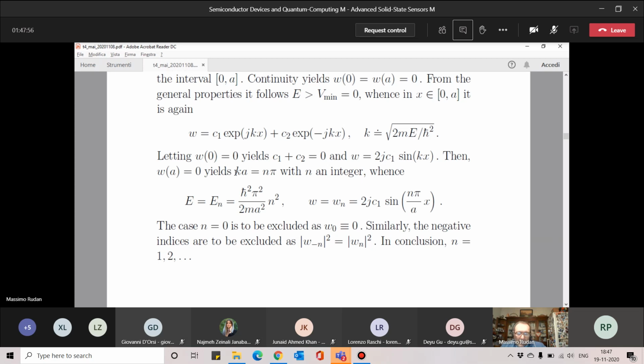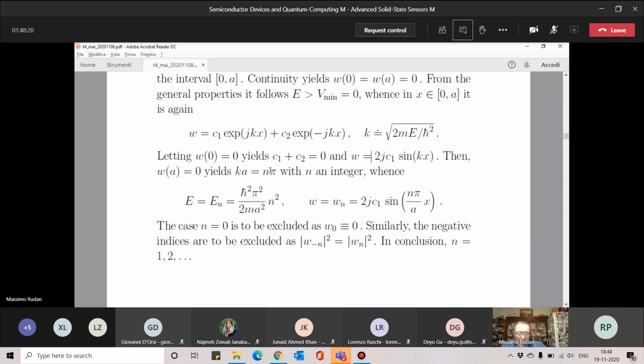So in this case, we have the quantization, because the solution of the Schrödinger equation for the box that fulfills the boundary condition is such that we have a relation involving an integer.